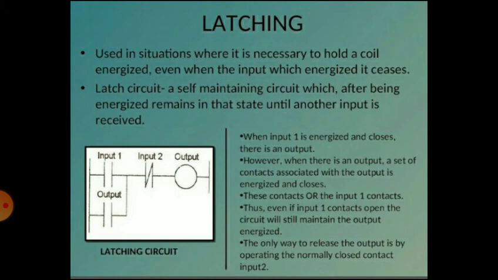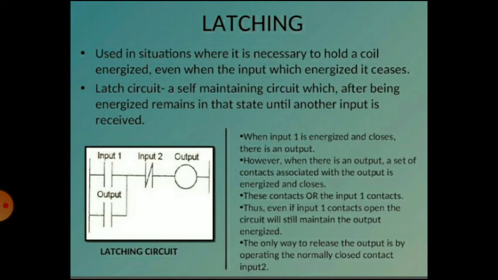The latching circuit is used in situations where it is necessary to hold a coil energized even when the input which energized it ceases. It is a self-maintaining circuit which, after being energized, remains in that state until another input is received.